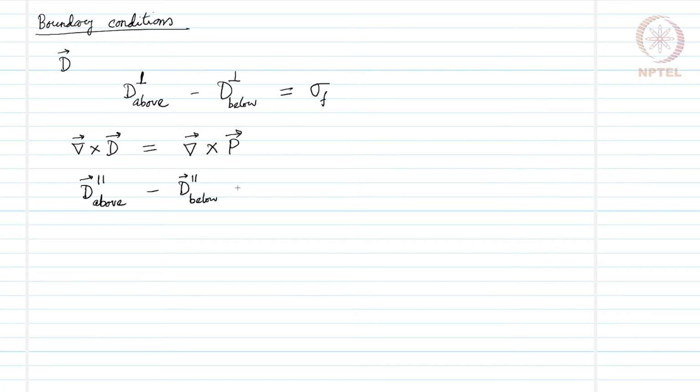Earlier for electrostatic field, this quantity was 0 because the curl of electrostatic field was 0. But now that the curl of the displacement vector is non-zero, this is going to be the difference between the polarizations above and below.